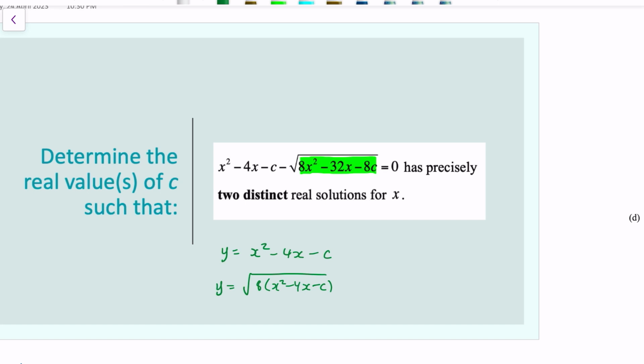Well, they both have the same sign because they both share this common quantity, which means if y is positive, then, well, y has to be positive because it's a positive square root, but squaring it isn't introducing any new solutions to the problem.